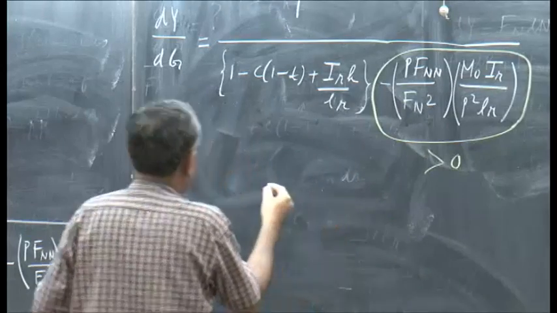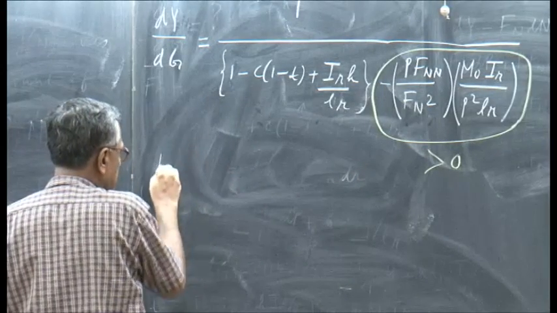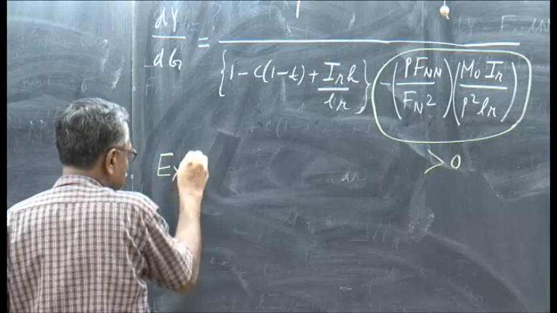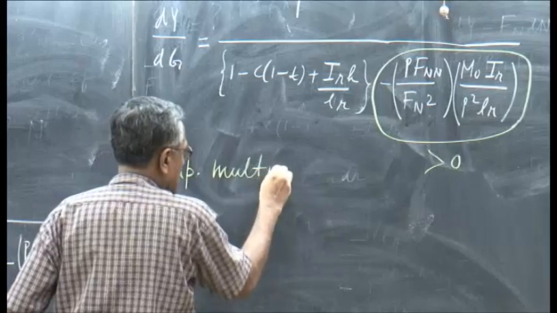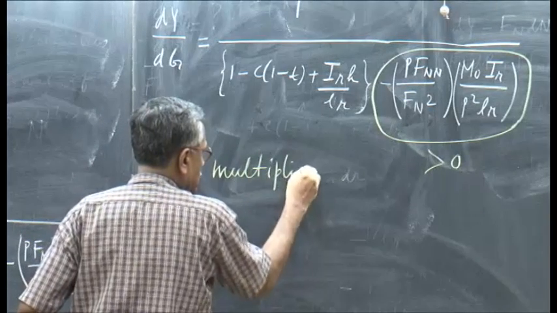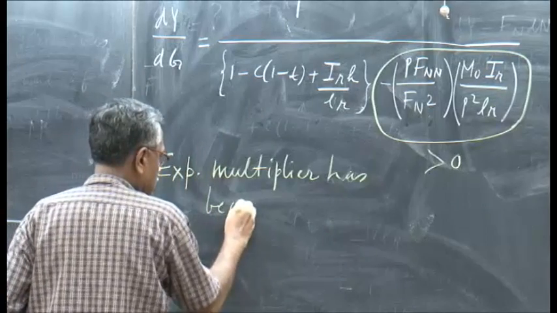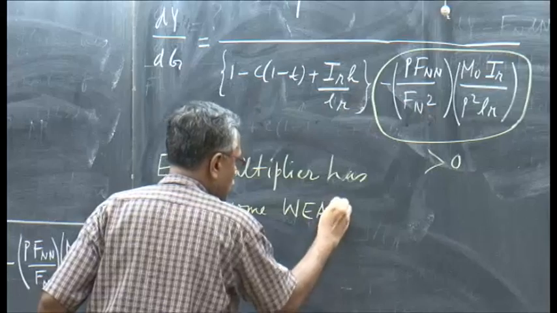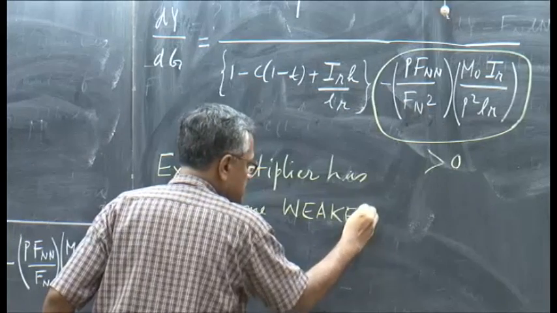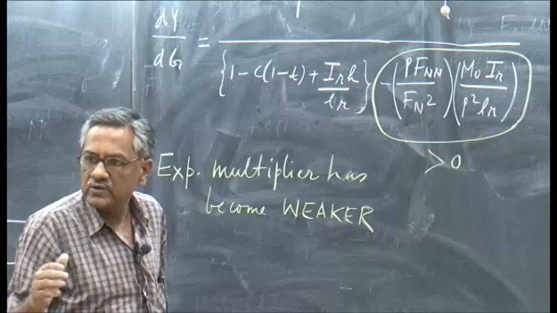So the fiscal policy multiplier or expenditure multiplier has become weaker. The strength has gone down. So we need to find out why the strength has gone down.